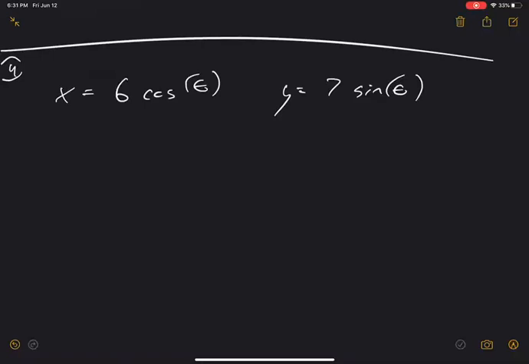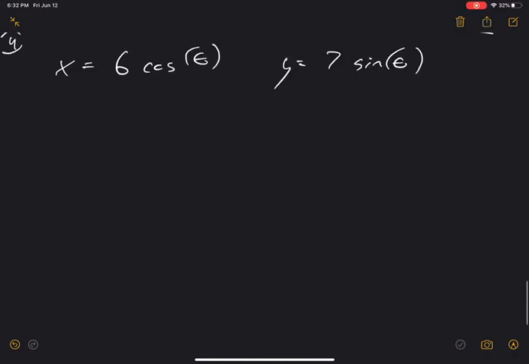I'm going to use my trig identity, sine squared plus cosine squared equals 1.